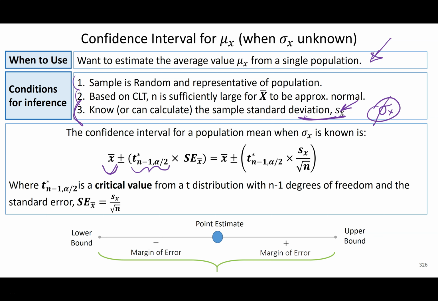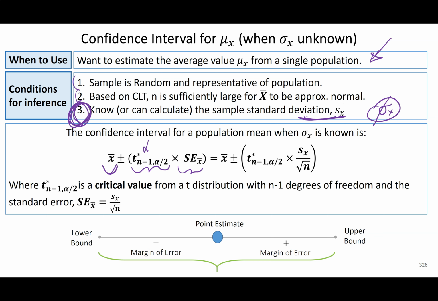But now we have a t critical, so a t star critical value. Before we had a z star critical value, but now we have t star, and it's because of this change in the third condition. If you know sigma, you can use a z star. If you only know S, you have to use a t star.